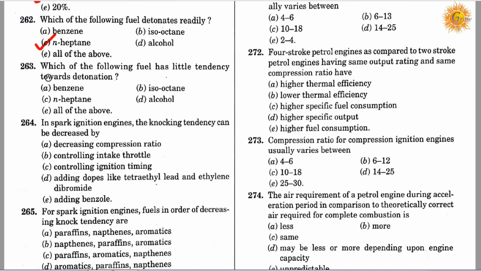Question number 263. Which of the following fuels has little tendency towards detonation? Option A, benzene; option B, isooctane; option C, n-heptane; option D, alcohol; option E, all of the above. So the correct answer will be B, isooctane has little tendency towards detonation.